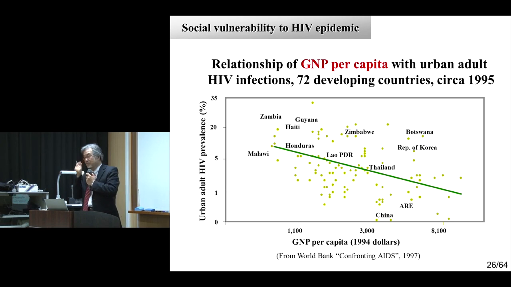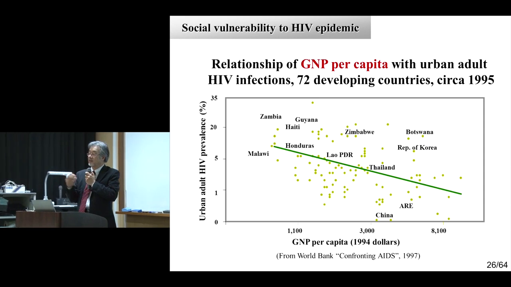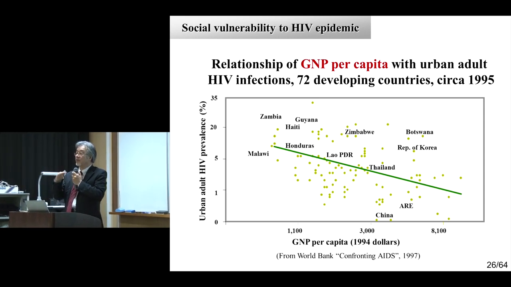Low capital countries related to high infection. Yeah, exactly. So the poorer the country, the higher the HIV prevalence. So that means people in the low-income country have a higher risk for HIV infection.